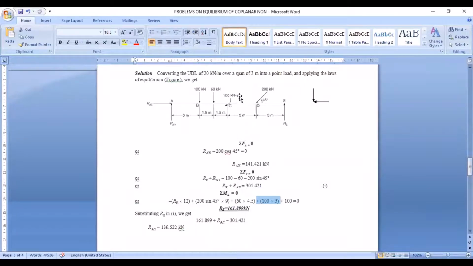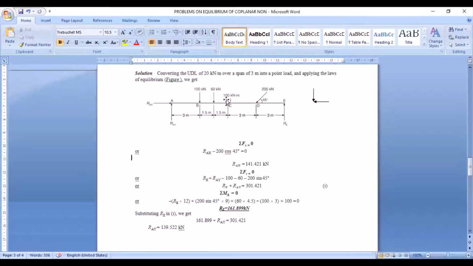This moment is acting at point C. And always keep one thing in mind: if a couple or a moment is acting, then you are supposed to directly write the magnitude in the moment equation without multiplying the distance, because the magnitude is inclusive of multiplication of distance.